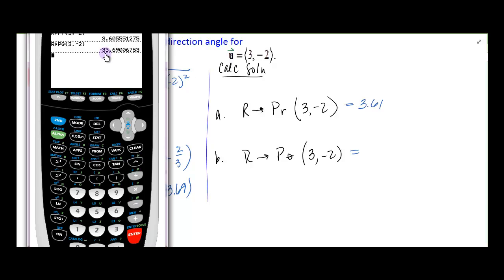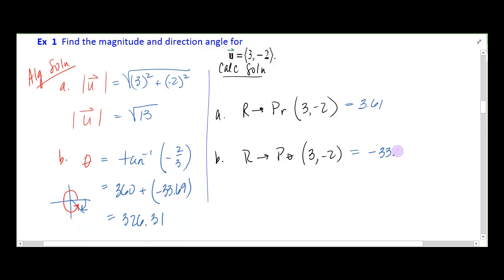And you can see that it's going to return for me again that negative angle. That was the same angle we got when we took the inverse tangent, but we know that we have to then add 360 to get the positive coterminal angle of this. So that is -33.69, which is the same value I had gotten before. So you would do the same thing.